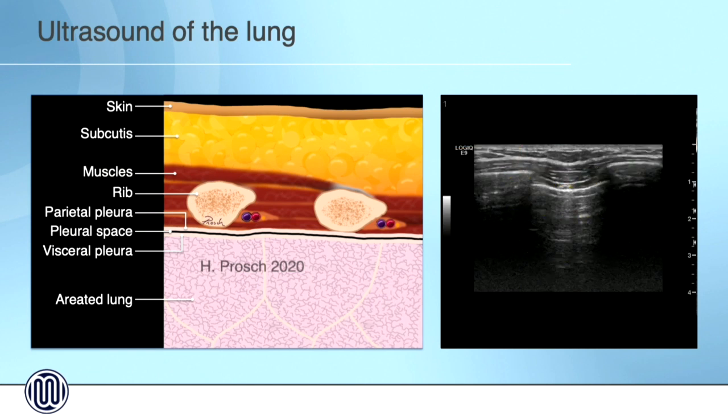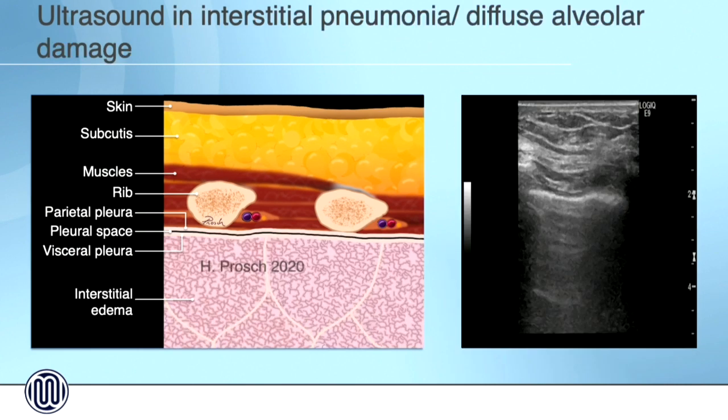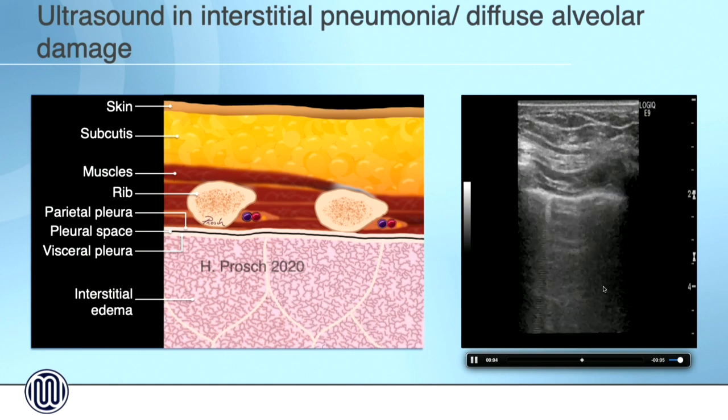And if you look now at the moving lung, you will appreciate that although the surface of the lung is pretty smooth, there are some irregularities leading to these lines radiating from the pleura towards the lung parenchyma, which is normal. Just a few of these lines are seen in each and every person, and these are called B lines. And now moving on to a patient with interstitial pneumonia or diffuse alveolar damage, there's more edema, more fluid in the lung parenchyma, and this leads to an increase in number of these B lines, as you see here in this patient, these lines radiating into the lung parenchyma.